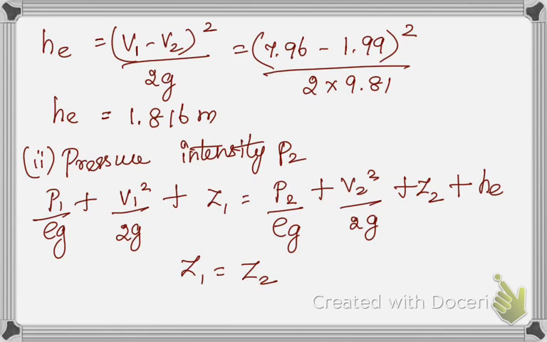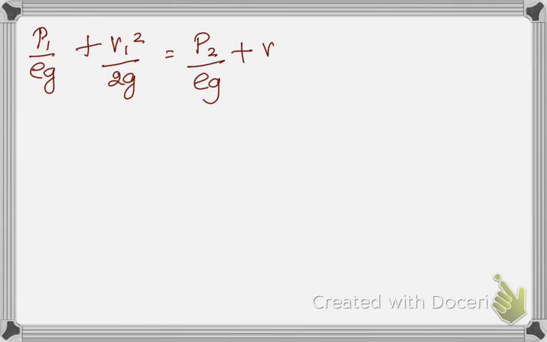Now the equation becomes P1 by rho g plus V1 squared by 2g is equal to P2 by rho g plus V2 squared by 2g plus He. Okay. Now we have to determine the value of P2.